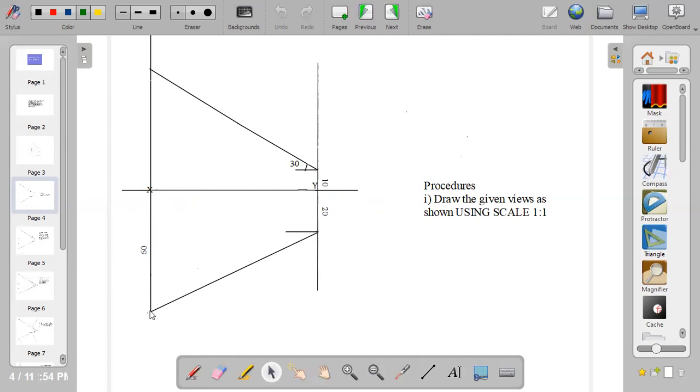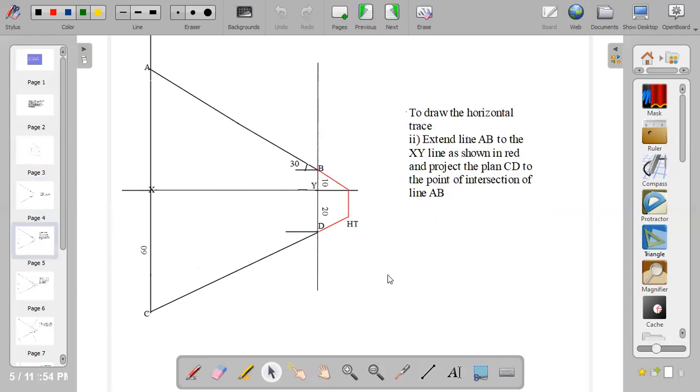That gives you the end of the second line on the plan, which is the horizontal plane. Don't forget we are dealing with planes when it comes to traces of lines. So this is the vertical plane and this is the horizontal plane.